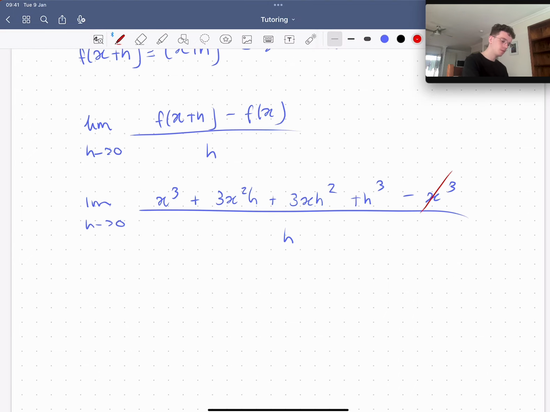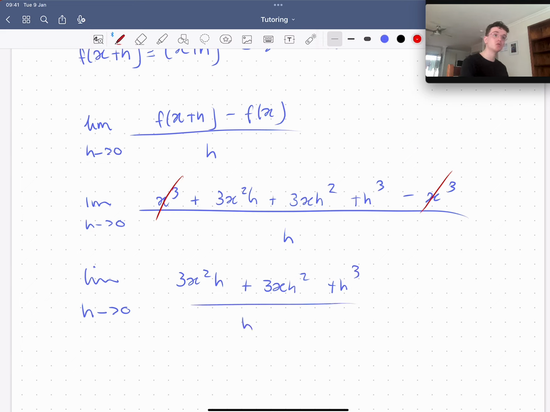These will cancel, and we're left with the limit, as h goes towards 0, of 3x squared h plus 3x h squared plus h cubed on h.